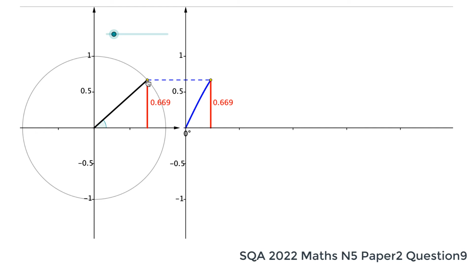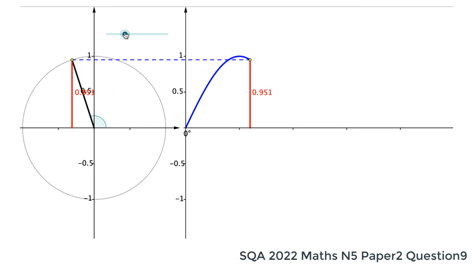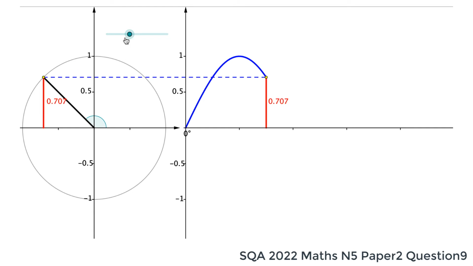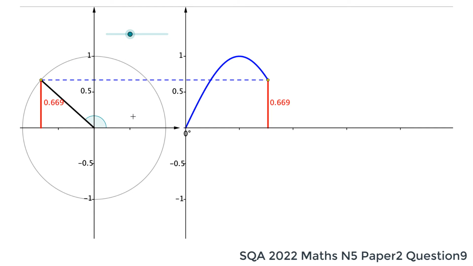So the angle is 42 degrees in this first quadrant, but there is another position across here where we will get an angle where the height of the end of this rotating arm is also 0.667, and that is there. So this is the same height.